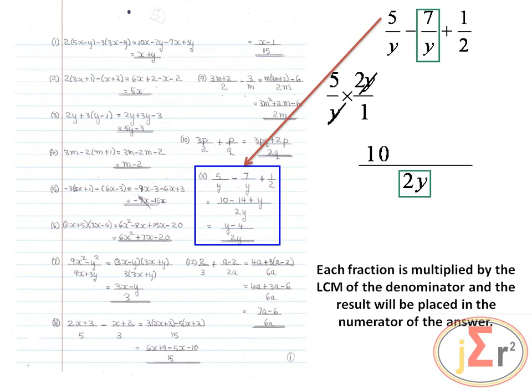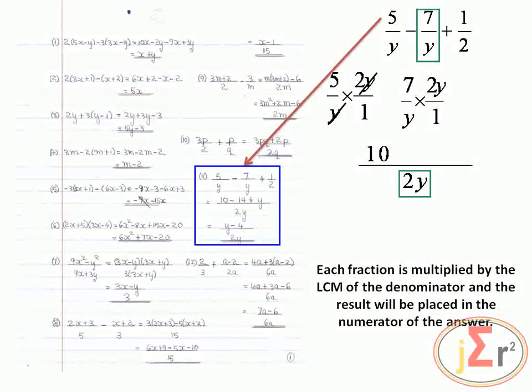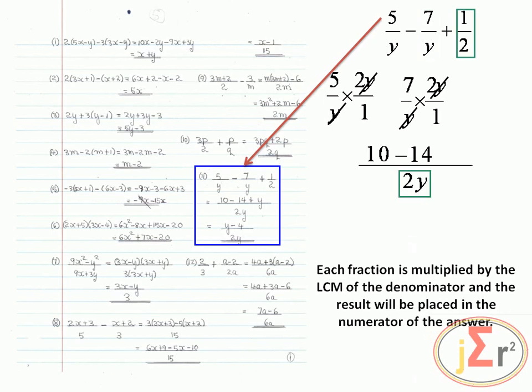Then we take the other fraction and we multiply by the common denominator, and what happens? 14, and we take that one, and the 2's are gone, and we have y right there.